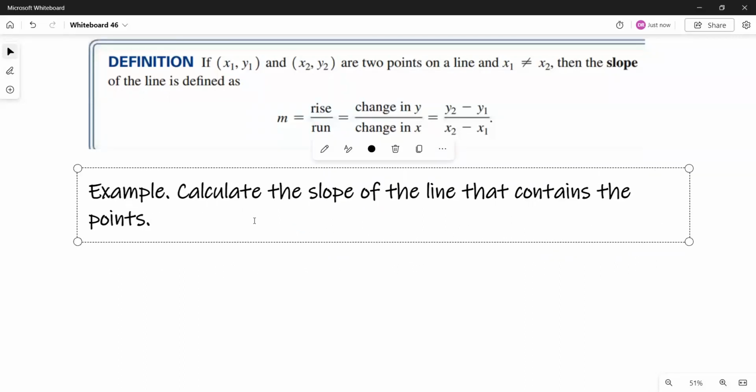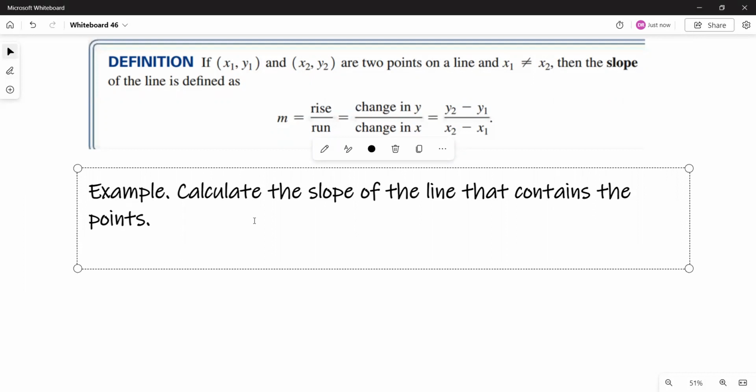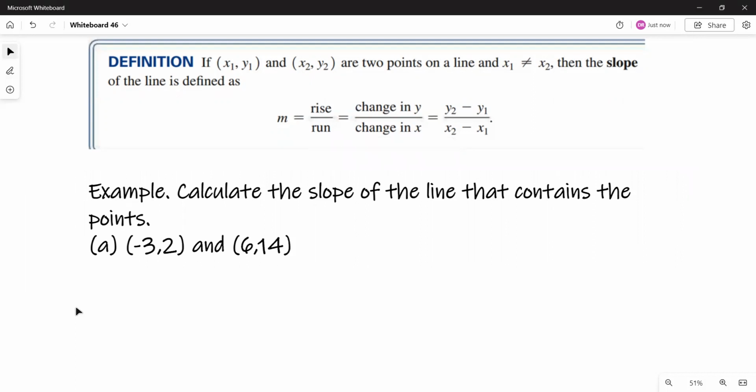The first set of points is -3, 2 and 6, 14. Okay, so the points are, let's call the first point x1, y1, and the second point x2, y2.